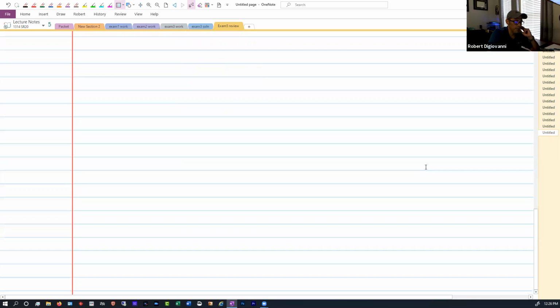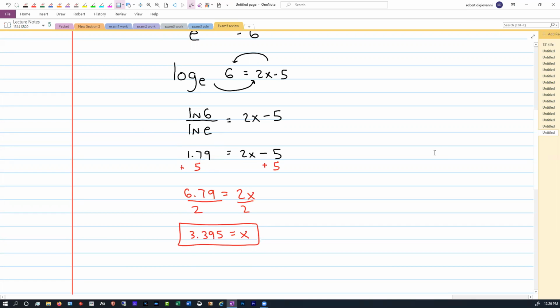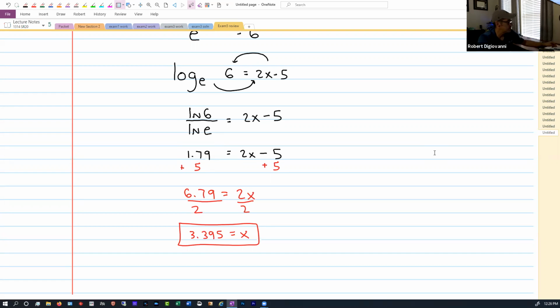If you're winding up with that 1.79, if you're getting that answer right there from this right here, then you're doing it right. When you're putting it in the calculator, isn't it just like you do the ln 6 at the numerator and then the ln e, and then it asks you for a number at the top, like if it's being square rooted, it's just 1, right? Yeah. So some calculators, when you type in the e, it might do e with a little box, and it wants you to fill that in. Just put 1 there. Okay, I got 1.79.